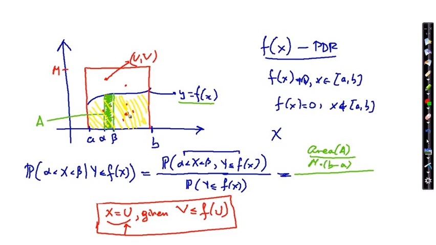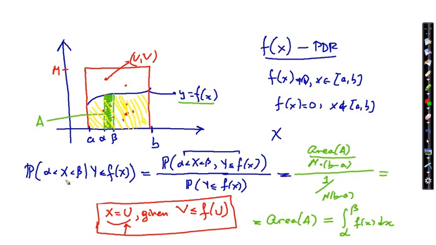So this yellow marked area is 1, over the total area, which is m times b minus a. In this case, these two cancel, and I will have the area of A, and the area of A is the integral from alpha to beta of f of x dx.